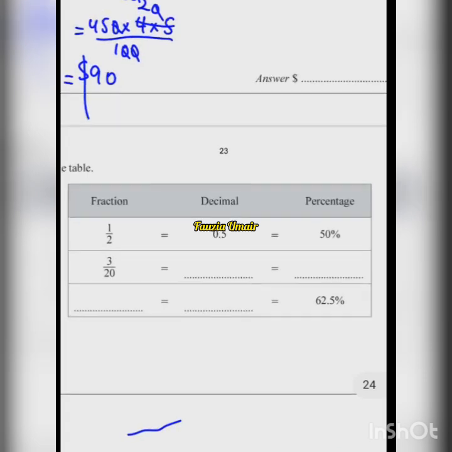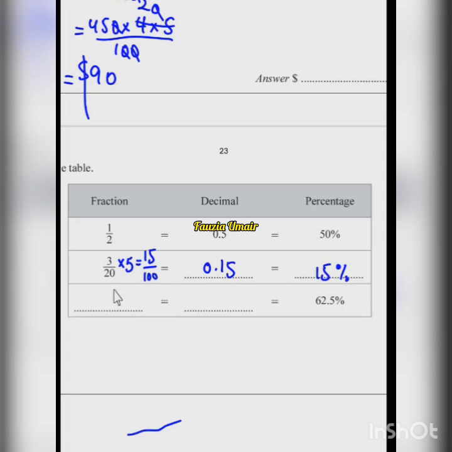Then 3 by 20. What is the decimal form of 3 by 20? We can multiply it with 5, so it is basically 15 by 100. So 0.15 and 15%. Is this clear, beta, how we did that?